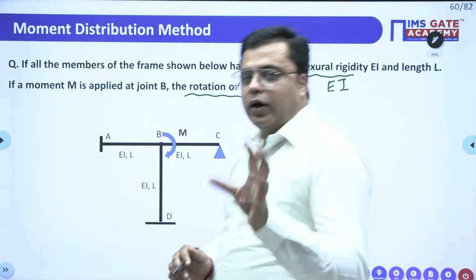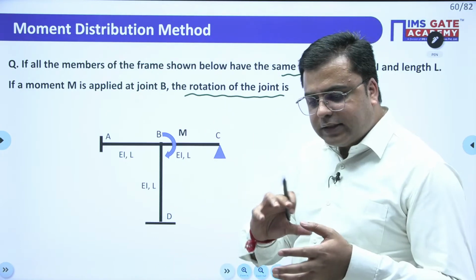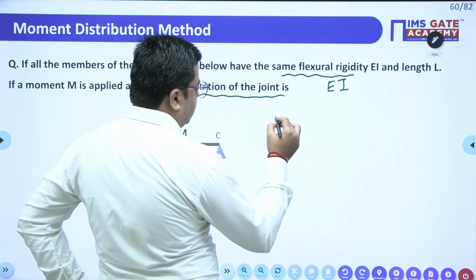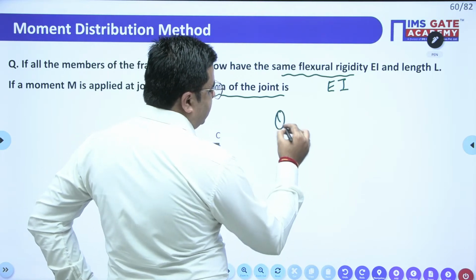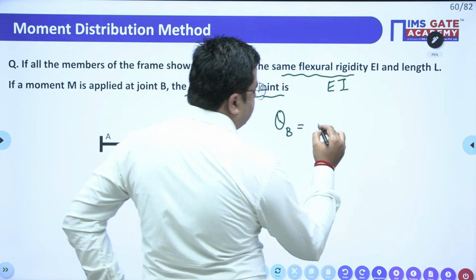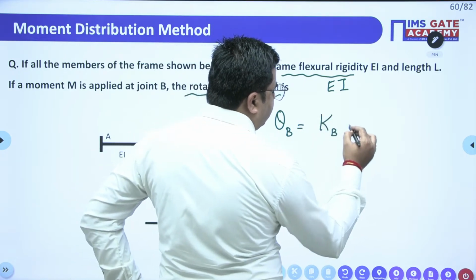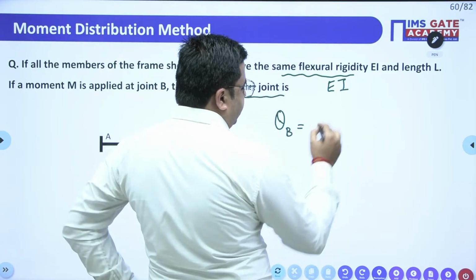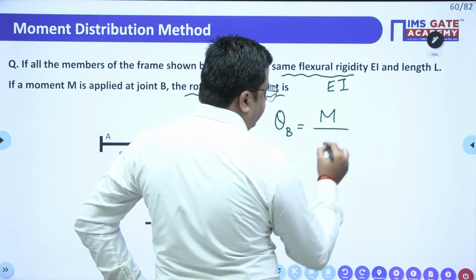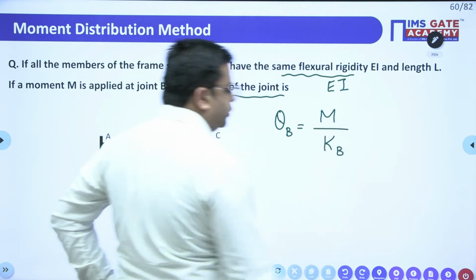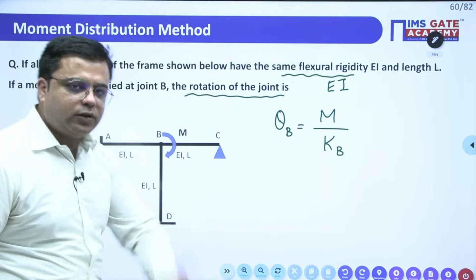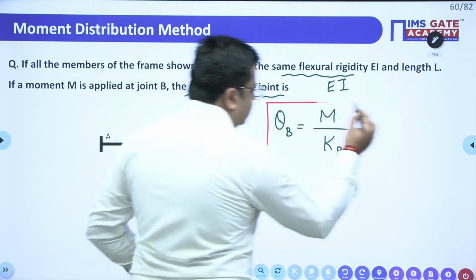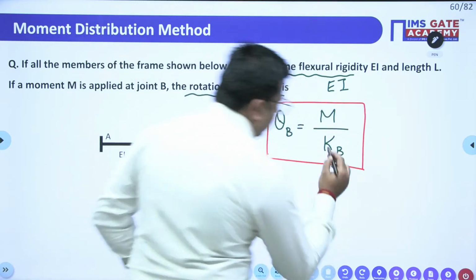For calculating the rotation, you need to know the stiffness of joint B, right? So the rotation theta of joint B is equal to the moment applied at joint B divided by the stiffness of joint B. Now it is very easy to calculate this KB value.